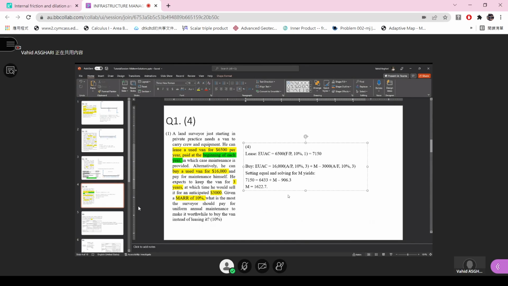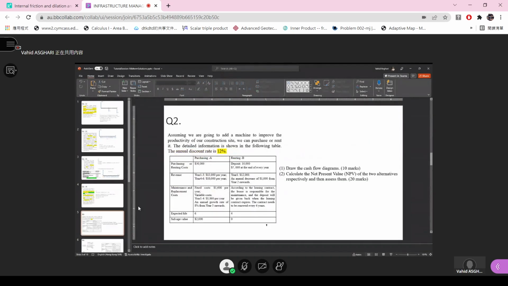I tried to do it in annual value, and this is the annual value, I think, right? The lease is paid annually. Oh, no problem then. Okay, this is based on annual value.